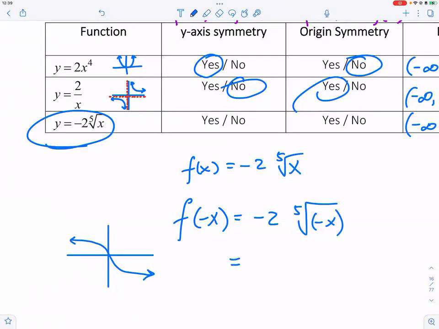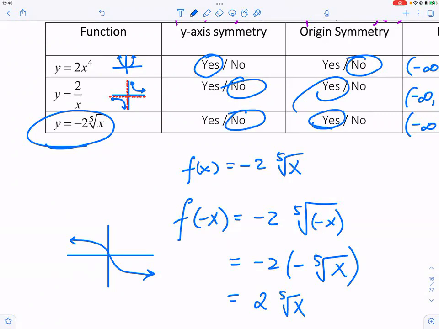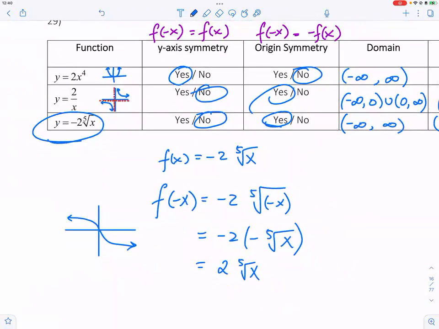It will turn out to be a negative fifth root of x, because the fifth root of negative 1 is negative 1. So you end up with 2 times the fifth root of x, which is the negated version of f of x. So that's how you know it has an origin symmetry and not a y-axis symmetry.